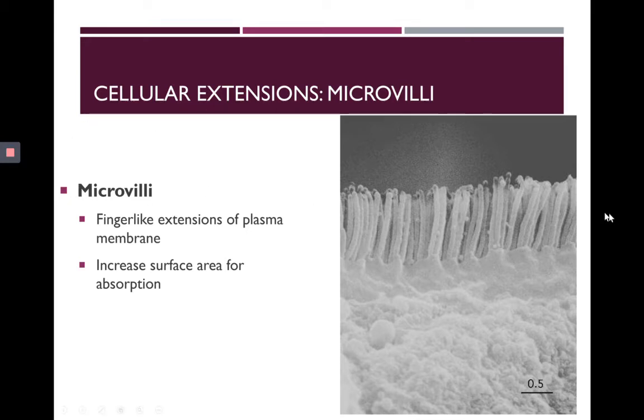They're hair-like extensions, but they're actually extensions of the plasma membrane itself. So if we went down here to the plasma membrane, it's stretched up and then down, up, down, and that just kept going. So it's very different from cilia and flagellum in that they're not separate structures embedded or attached to the cell. It's the actual plasma membrane that has formed these hair-like structures.